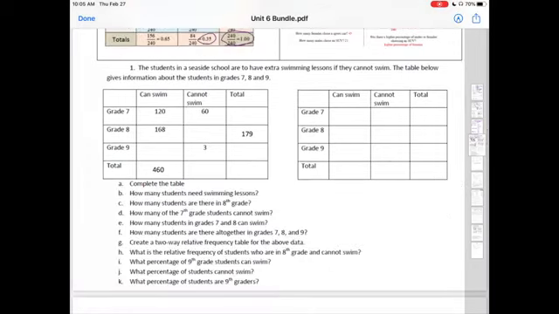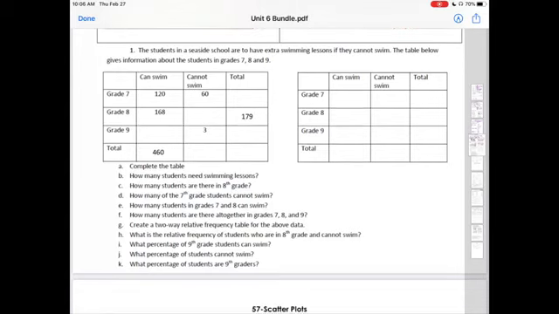So let's do an example. The students in a seaside school are to have extra swimming lessons if they can't swim. The table below gives information about the students in 7th, 8th, and 9th grade. First I need to fill in the table. My total comes from 120 plus 60, which is 180, the total amount of kids in 7th grade.